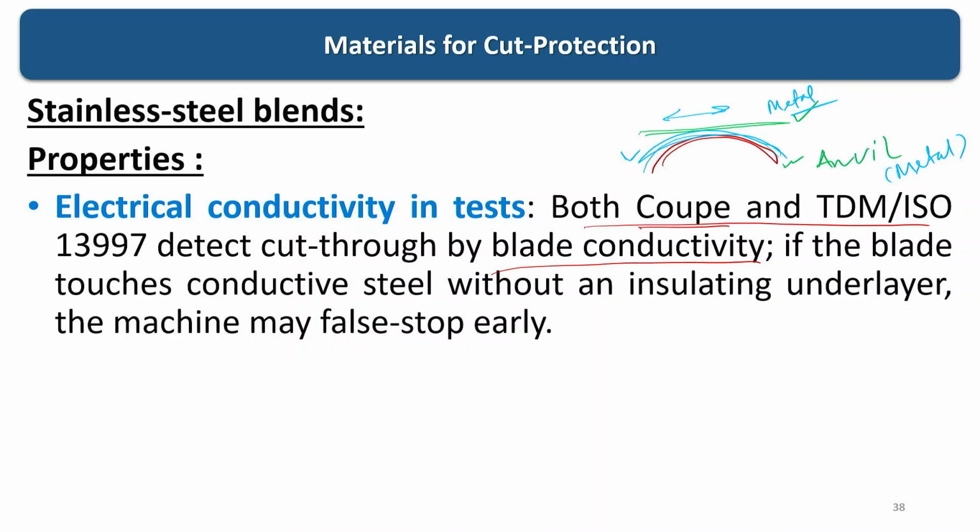Now, when there is no cut, there is no electrical connection, the material will move, the knife will keep on cutting. But as soon as there is a cut, a hole is created, immediately the knife will be in contact with the anvil, and that will stop the cutting process.